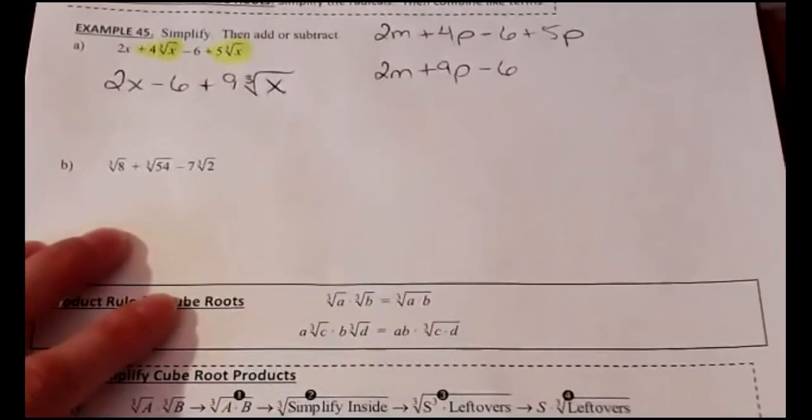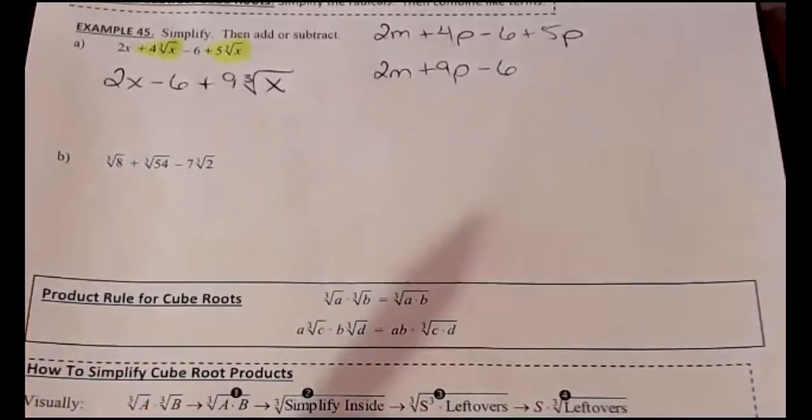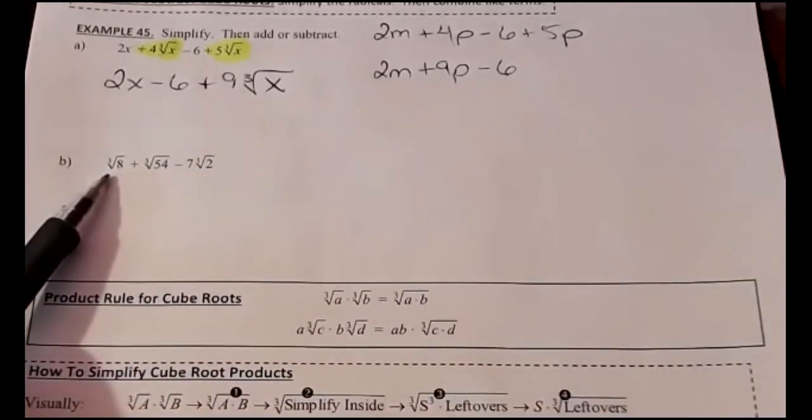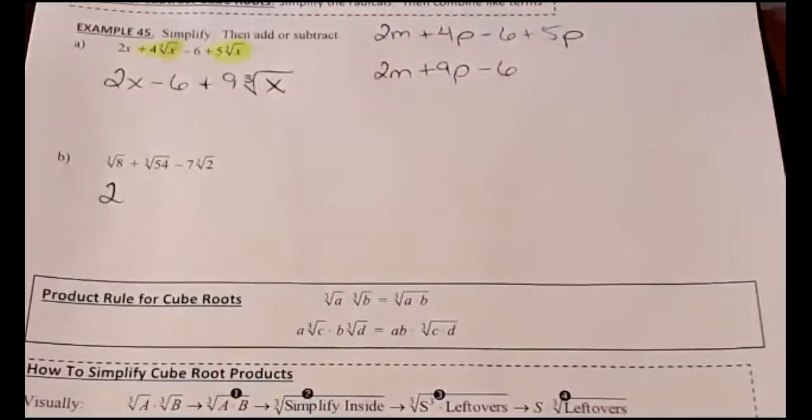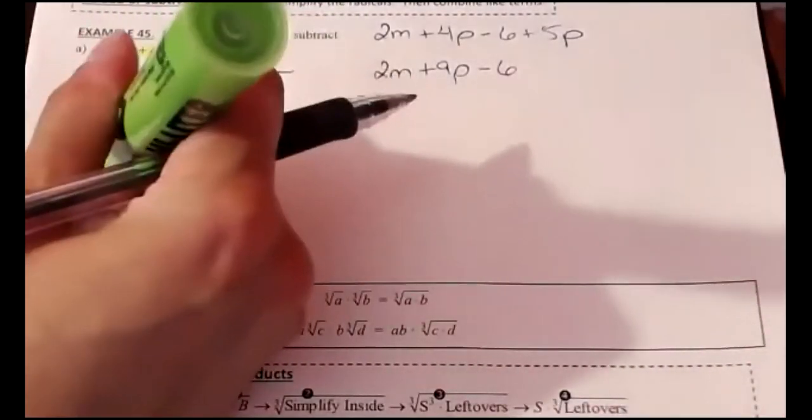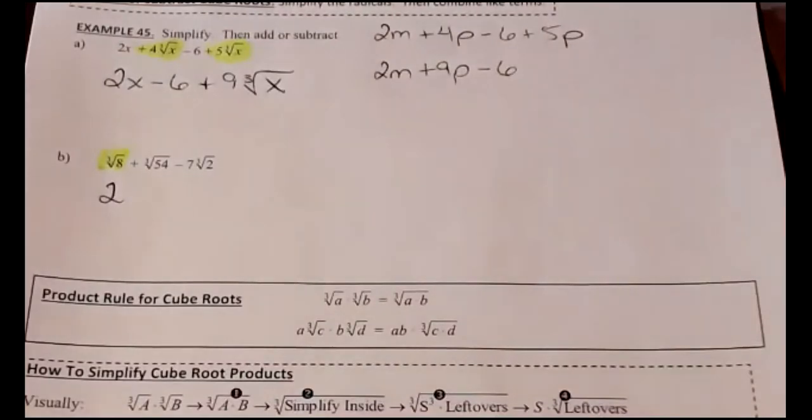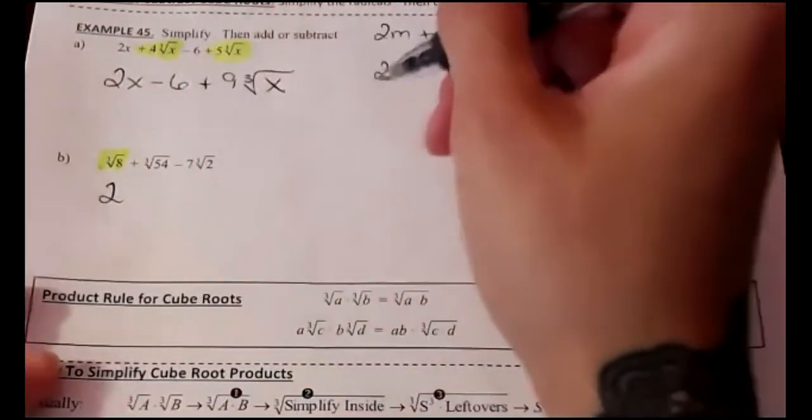Okay, take a look at part B. Cube root of 8. This is 2. That was a perfect cube, so we actually simplified that. Cube root of 54, can this be broken down?